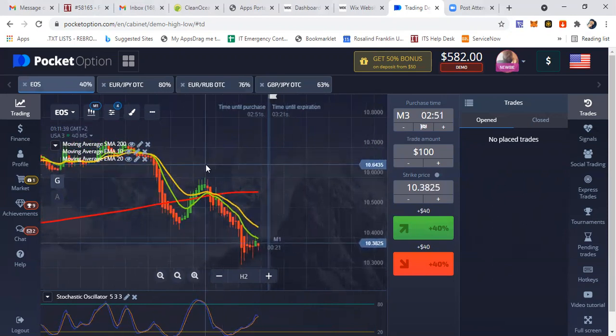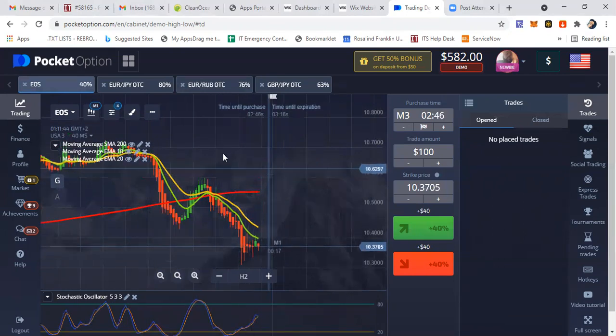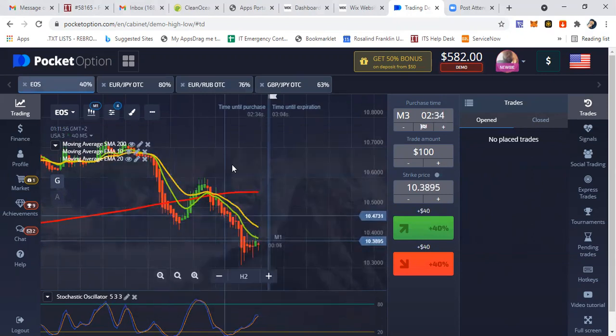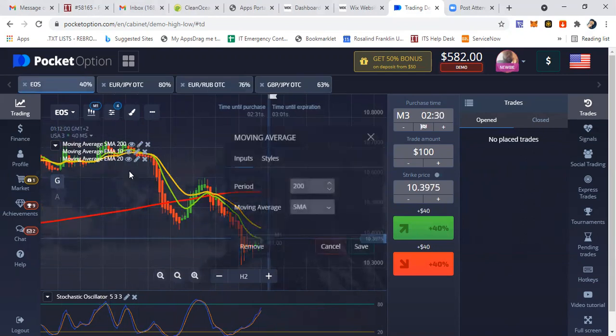If you're using Pocket Option, what you want to do is open the indicators here, go to the moving average indicator, and click it 3 times so that it opens 3 different indicators. Once you have the three indicators open, click on this pencil here. In the period area, type in 200 SMA, and then pick whatever color you want.